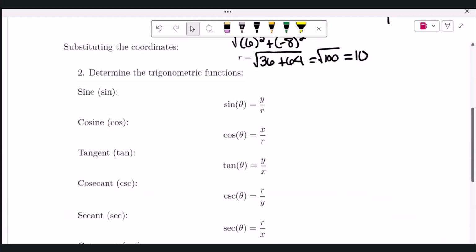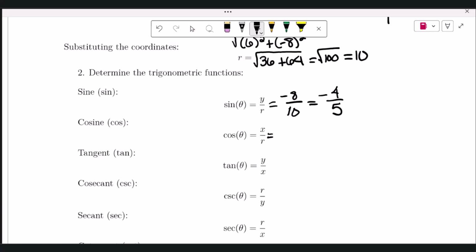Now all we have to do is start filling in what we know. Well, we know that y, because it's part of the ordered pair, is -8, and our hypotenuse, or r, is 10. Now remember, you always have to reduce it. So this will give us -4 over 5. Cool. Then we have cosine, which is x over r.